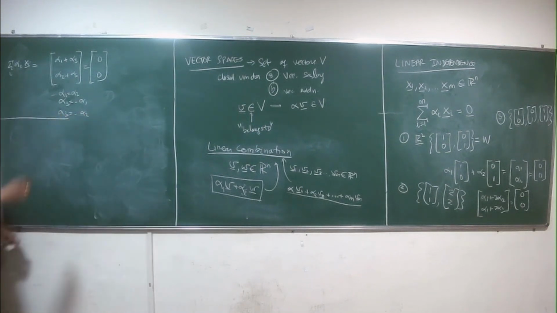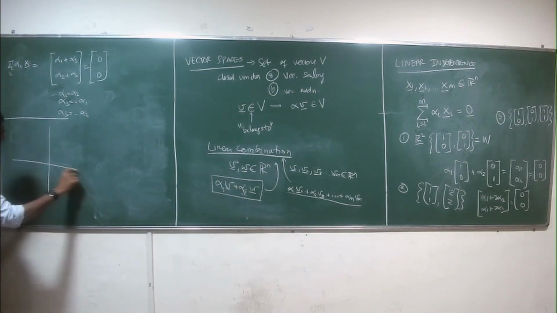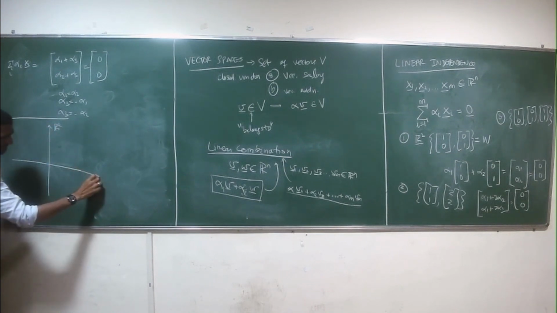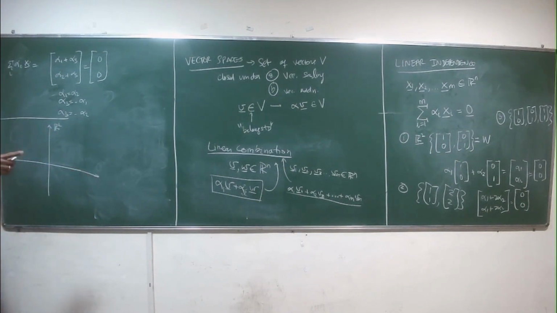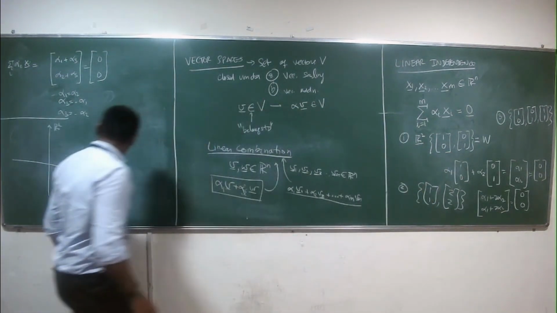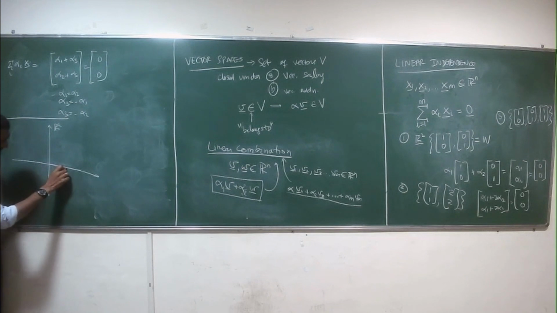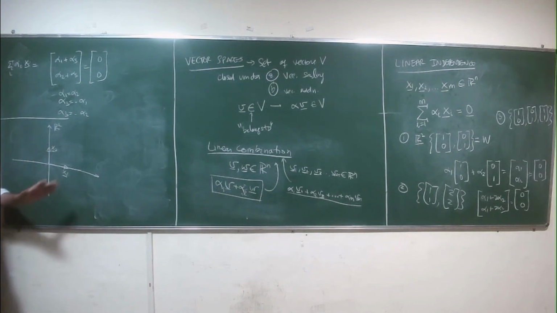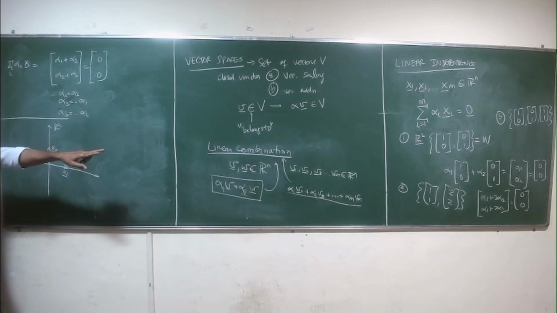What does all this algebra mean? One way to think about this is like this. Okay, R2. We take the first case. Where is x1 and where is x2? This is x1 for the first problem. This is x2. We found that this set was linearly independent.